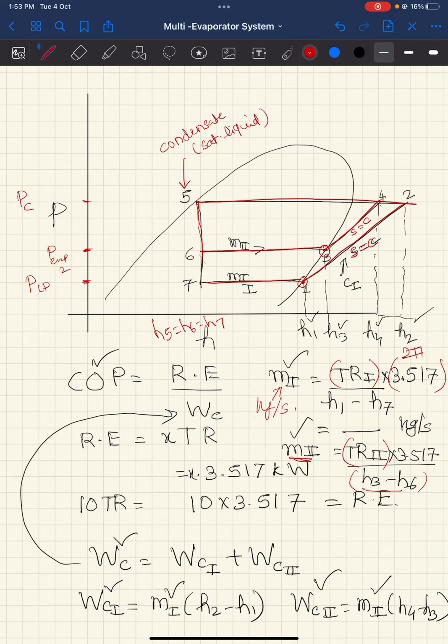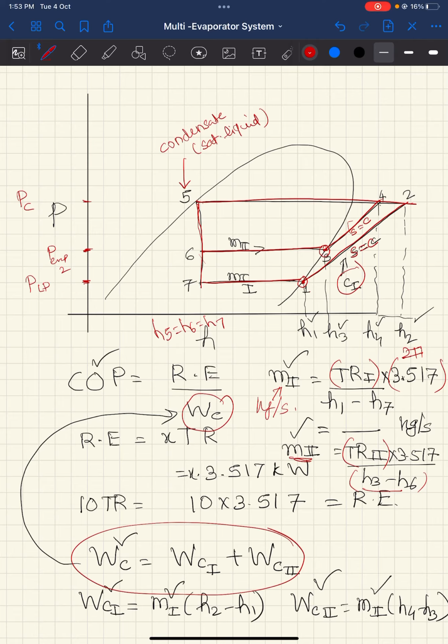Multiplied with 3.517, you get the mass flow rate in kg per second. If you multiply with 210, you get it in kg per minute. Once you get that, you can find the total compressor work, which is the summation of compressor 1 and compressor 2. The refrigerating effect upon the total compressor work is the coefficient of performance.